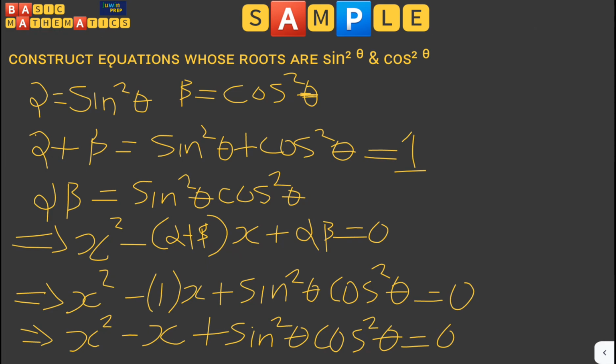So this is the equation that we've just constructed from the roots that were given to us: alpha for sine squared theta and beta for cos squared theta.